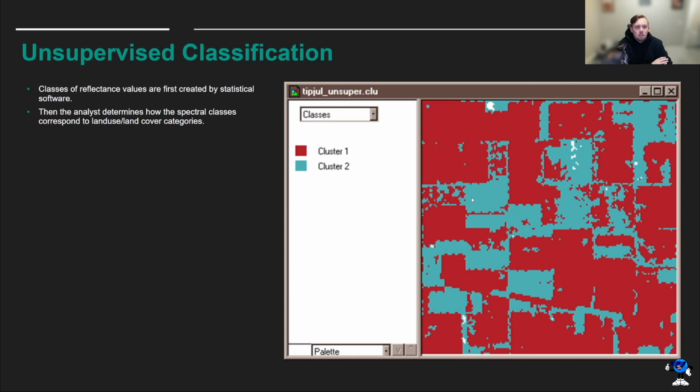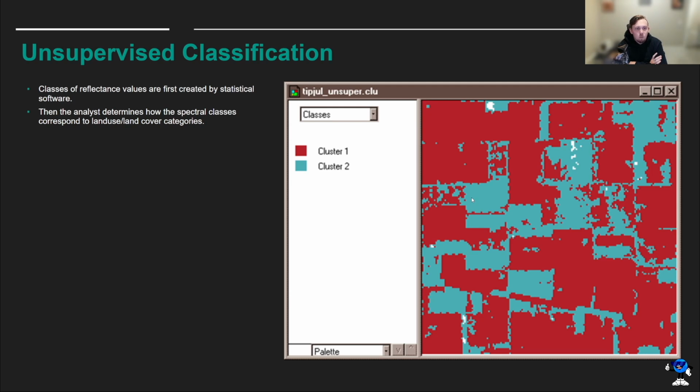The image analyst plays a different role in unsupervised classification. As an image analyst, you would not define training fields for each land cover class in advance. Instead, you would rely on one of the family of statistical clustering algorithms to sort pixels into distinct spectral classes. You may or may not even specify the number of classes in advance.